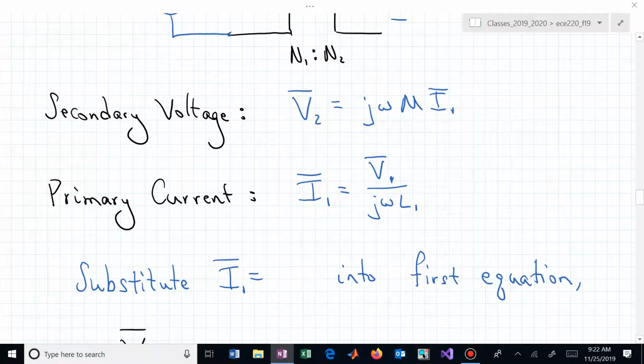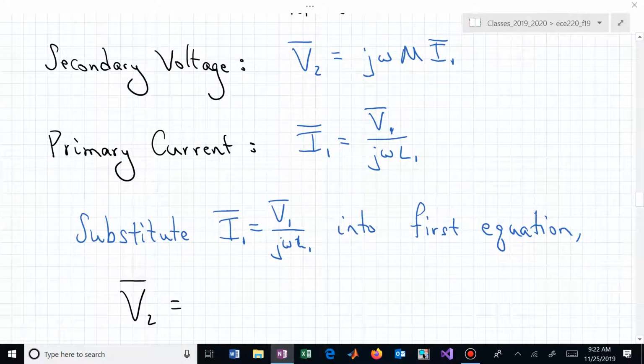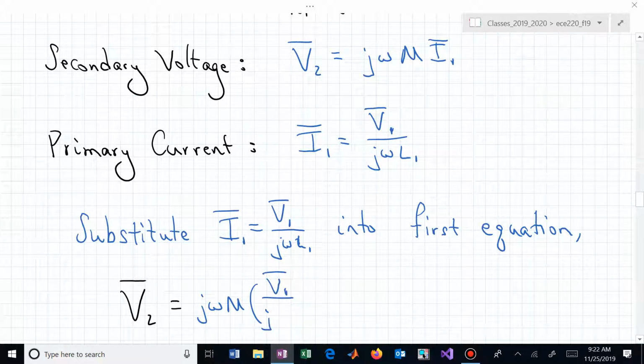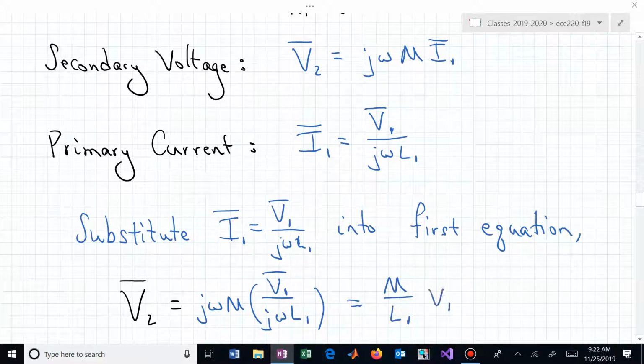If we now use that expression for I1 in the first equation, we can see that we have j omega M times I1, which is V1 over j omega L1. The j omegas cancel, and we're left with M over L1 times V1 relating V sub 2's phasor with V sub 1's phasor.